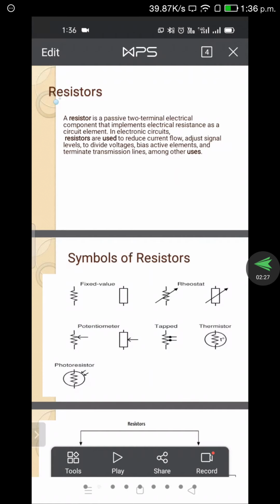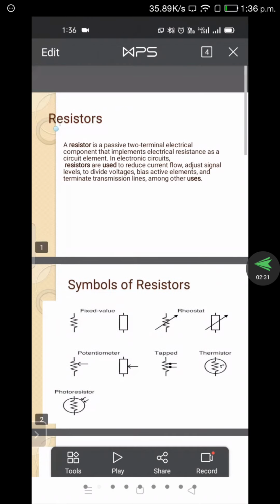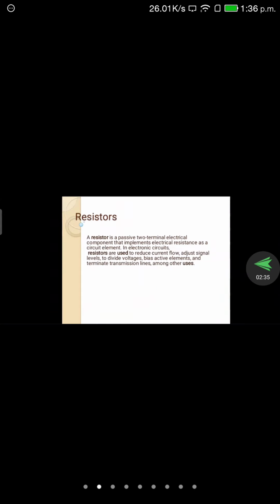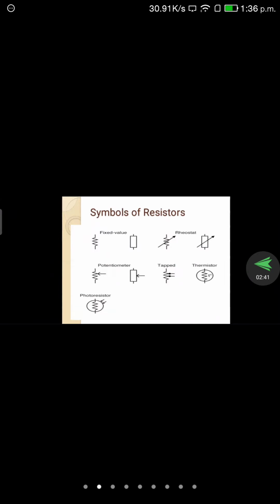Those things we will discuss later. In this chapter, we discuss the resistor: what types of resistors are available, and how they are connected in series and parallel. Those things will be discussed today.